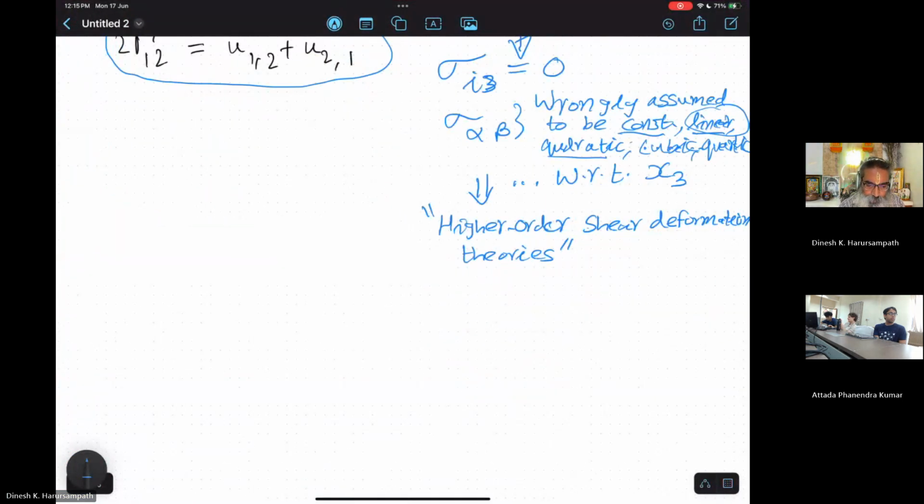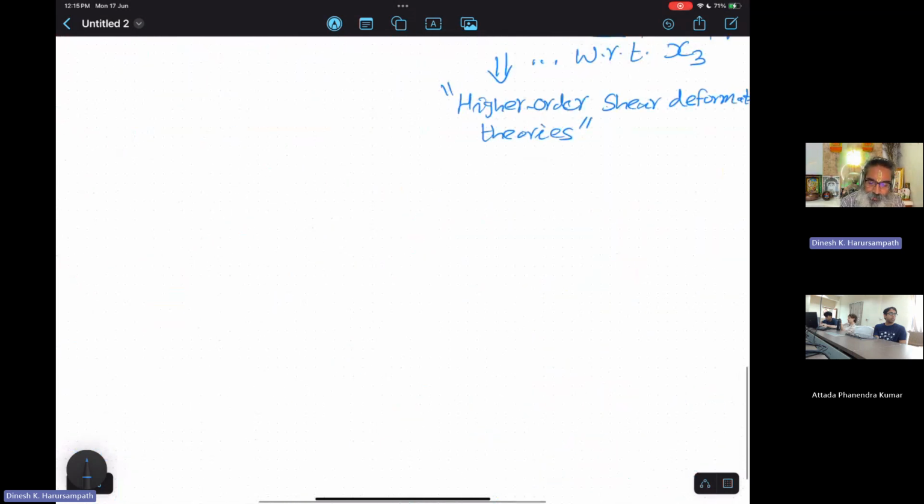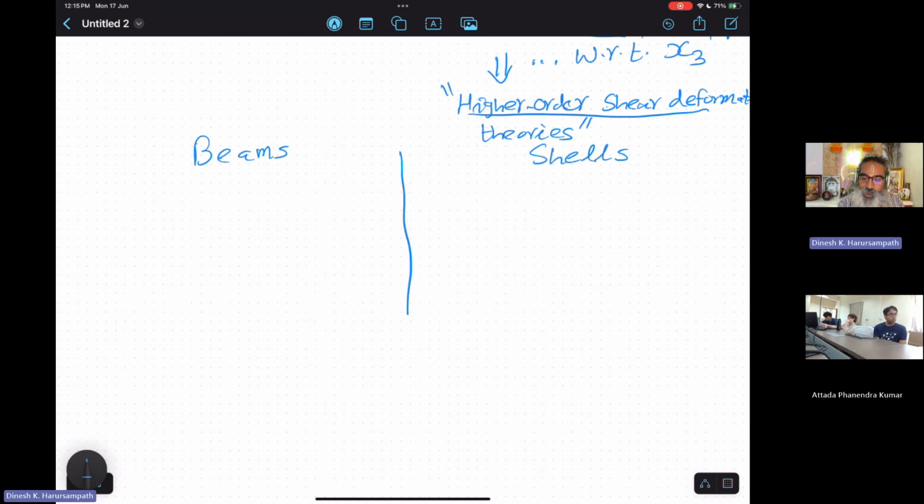Here I was talking about, remember, on the left-hand side, I was talking about beams and about shells on this side. So the higher order shear deformation theories, which you can abbreviate as HOSDT, are there both for shells as well as beams.